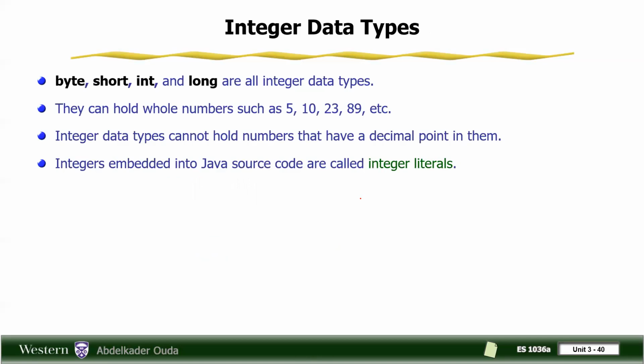Byte, short, int, and long are all integer data types. They can hold numbers such as 5, 10, 23, 89. Integer data types cannot hold numbers that have a decimal point, floating point numbers, or real numbers. Integers embedded into Java source code are called integer literals.